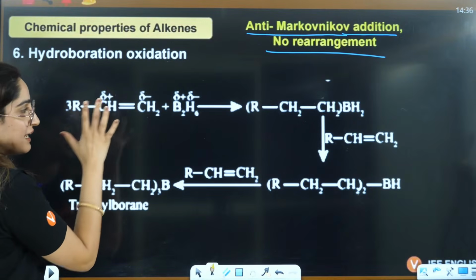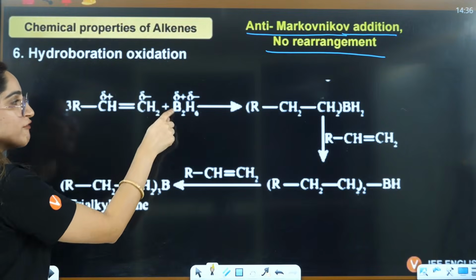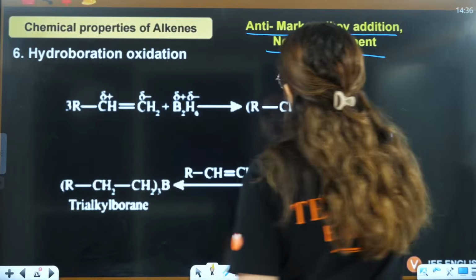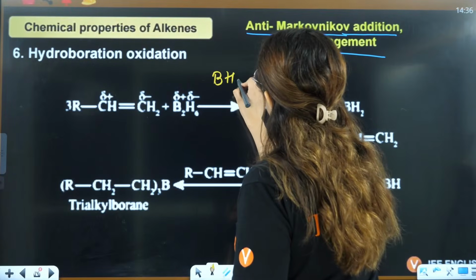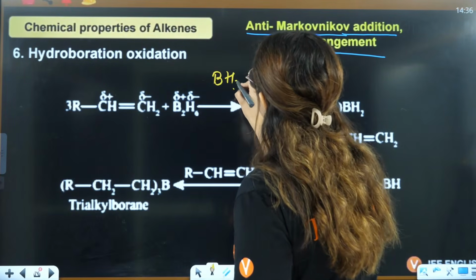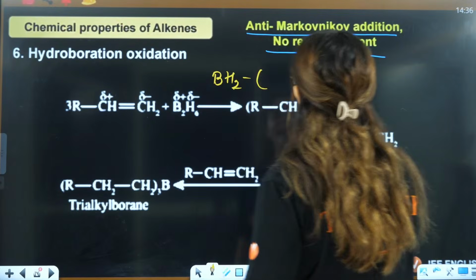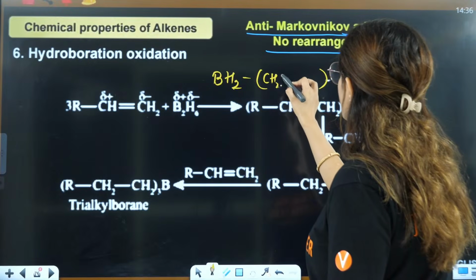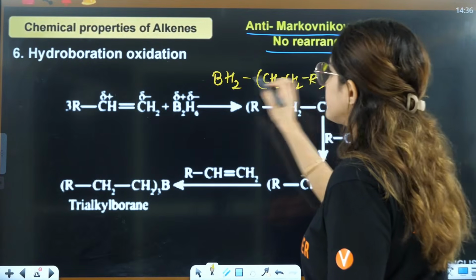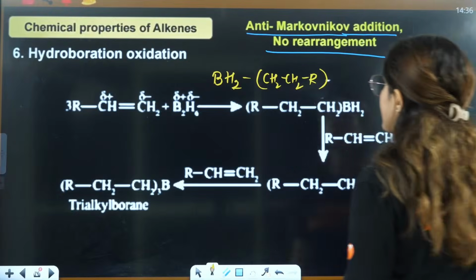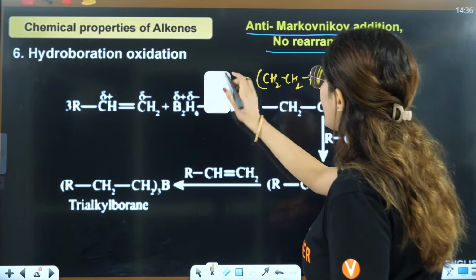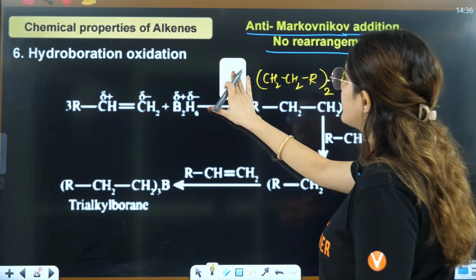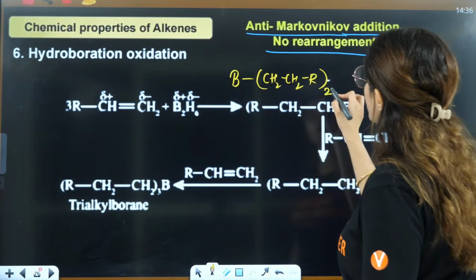You have the alkene and diborane, so you have BH3. One hydrogen is replaced by the alkyl part: break the double bond and this becomes CH2CH2R. Then another hydrogen is converted to alkyl, and then the third hydrogen too.